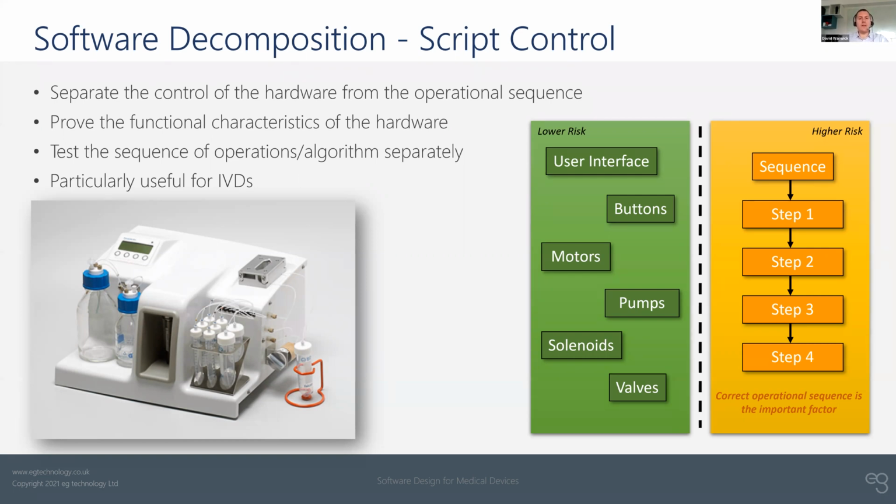But the medical value, the clinical value, the risky bit of the process, if you like, is the sequence of operations by which you filter, sample, mix, blend, whatever it is, your assay, and it's actually those parts that are critical for medical efficacy, and so you control those separately.